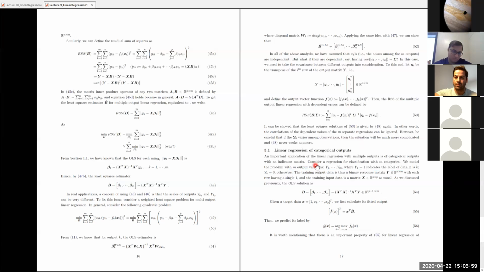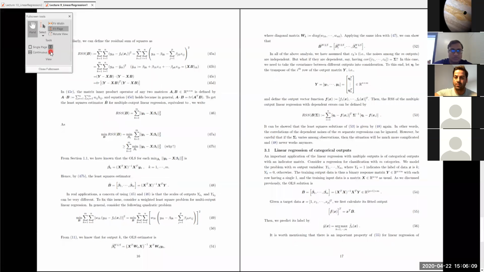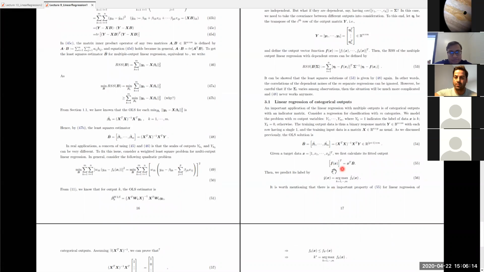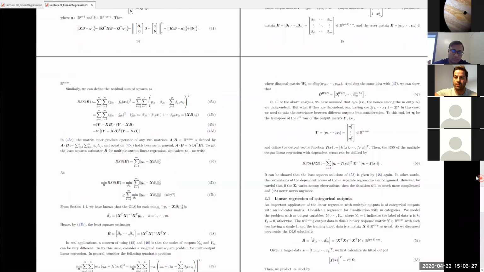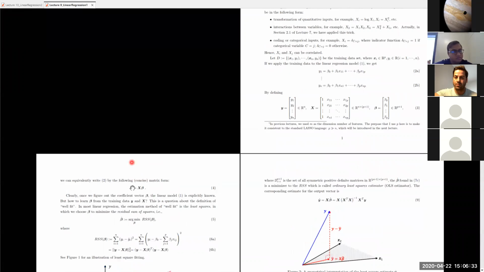Then I'm going to use a vector function, call it f hat of x, to be the prediction. Remember, in the single-output case, in lecture 9, in the beginning, we made the y hat for each data.